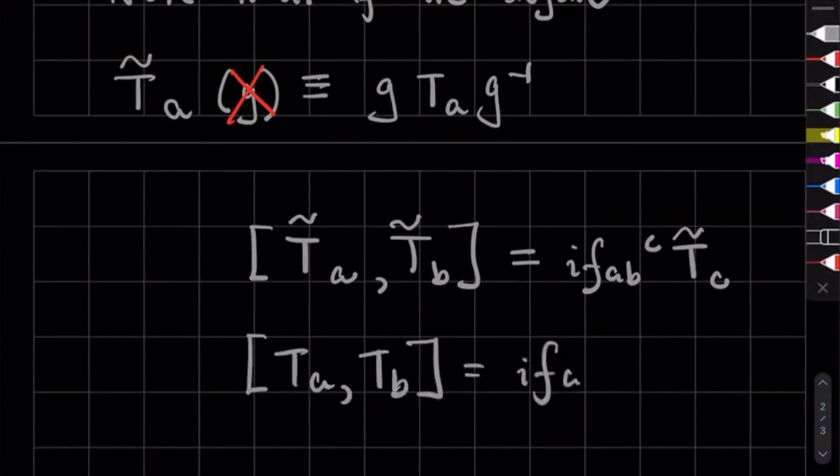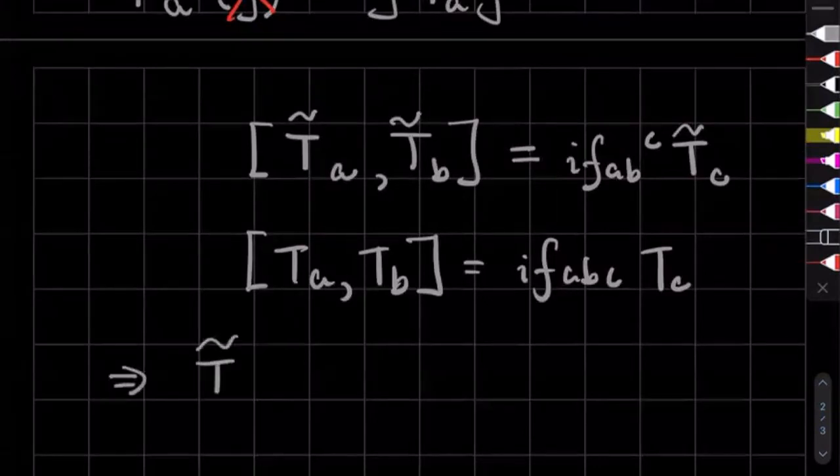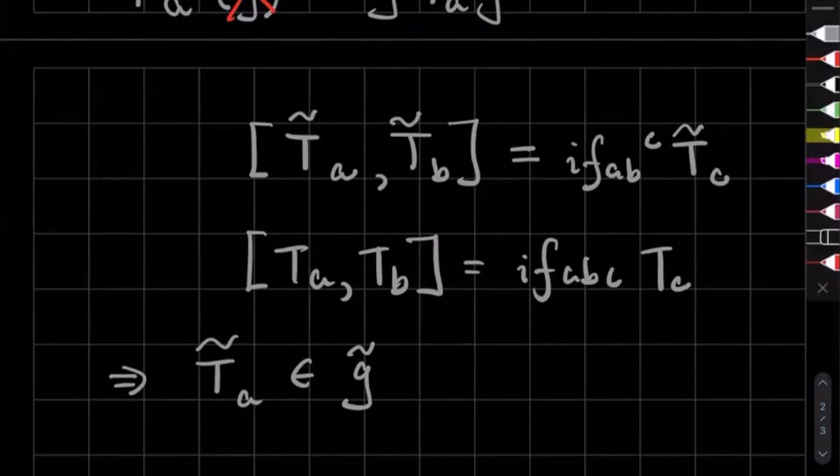They satisfy the same algebra. So this means that these T tilde are also elements of the Lie algebra, right? They are not elements of the group or anything. They're elements of the Lie algebra.